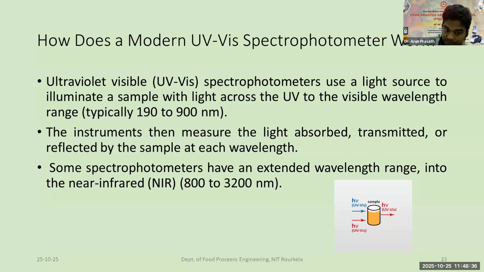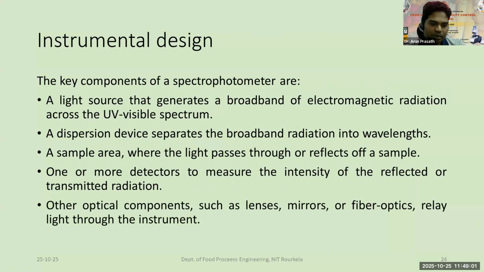The instrument then measures the light absorbed, transmitted, and reflected by the sample. Some spectrophotometers have an extended wavelength range into the near infrared region, and the wavelength range is higher in the case of infrared spectrometers.